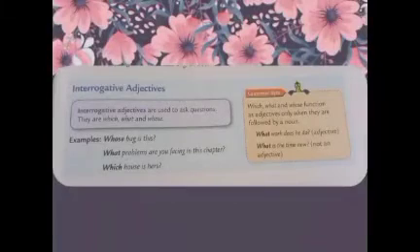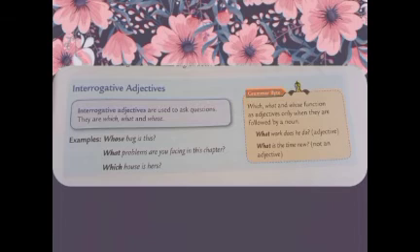Next comes the sixth type of adjective, that is interrogative adjectives. So what are interrogative adjectives? Interrogative adjectives are the adjectives or the question WH words which we use for asking the possession of someone's or any question. I'll give you one example, you will understand. Whose bag is this?